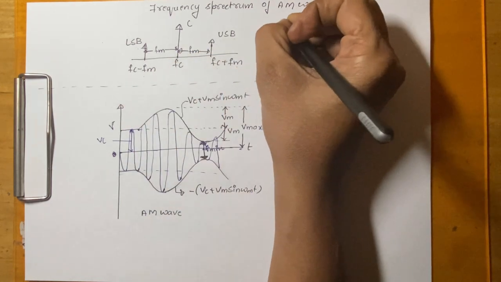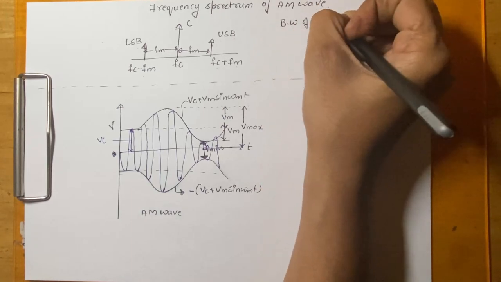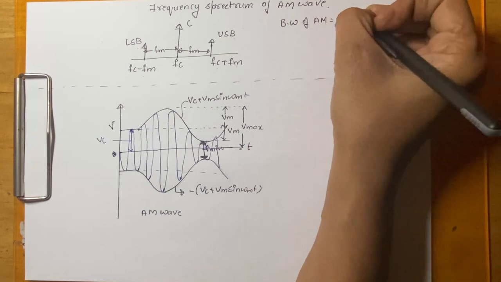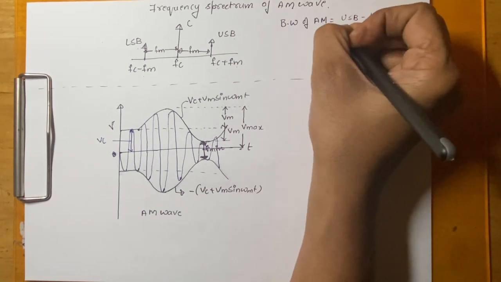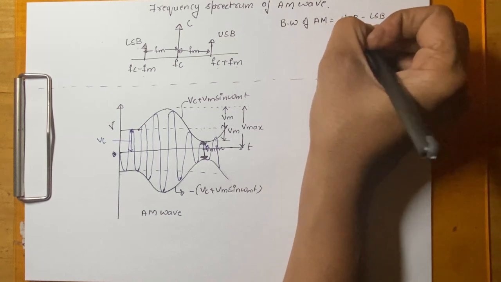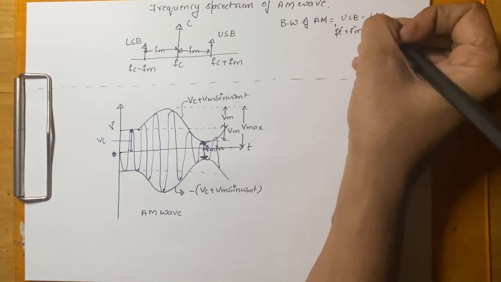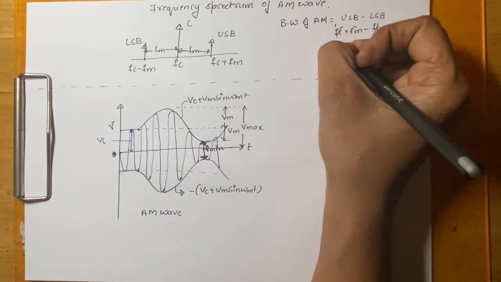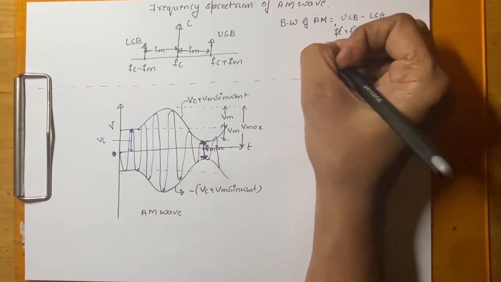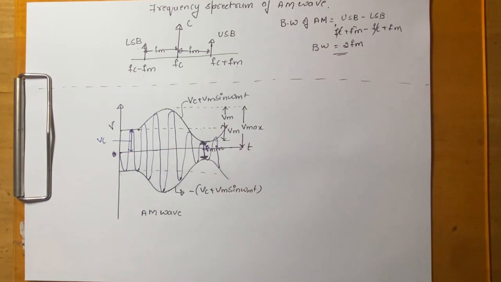Now we can calculate the bandwidth of an amplitude modulated wave as USB, the upper side band, minus LSB, the lower side band, that is Fc plus Fm minus Fc minus Fm, wherein the carrier signal, which does not consist of any information, gets cancelled, and the bandwidth is equal to twice the modulating signal frequency.